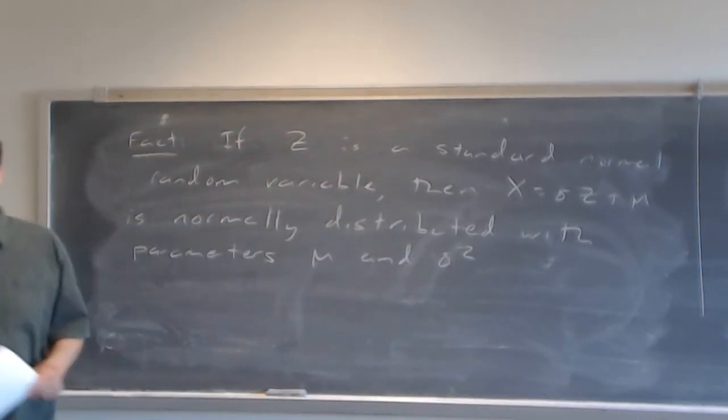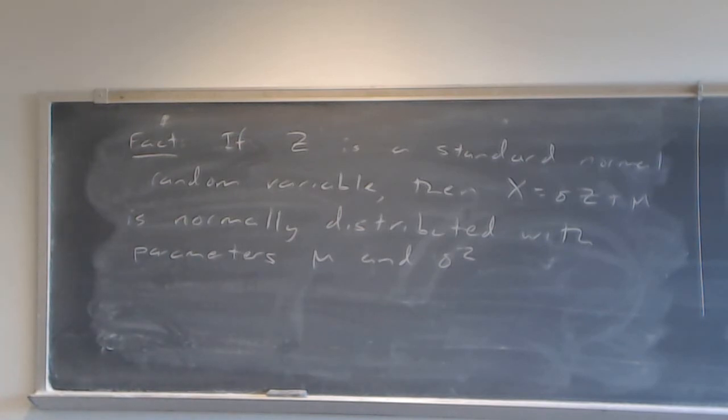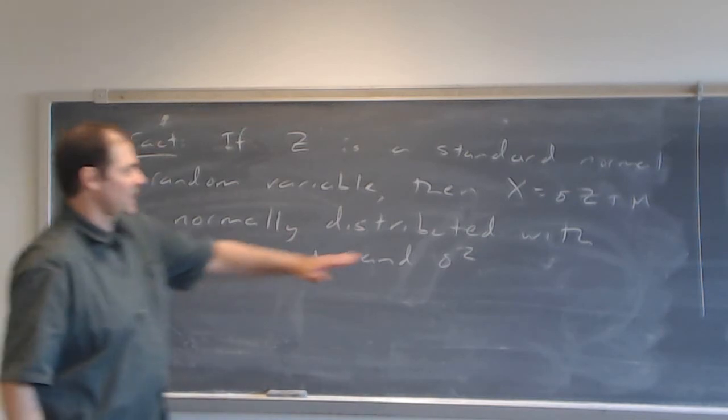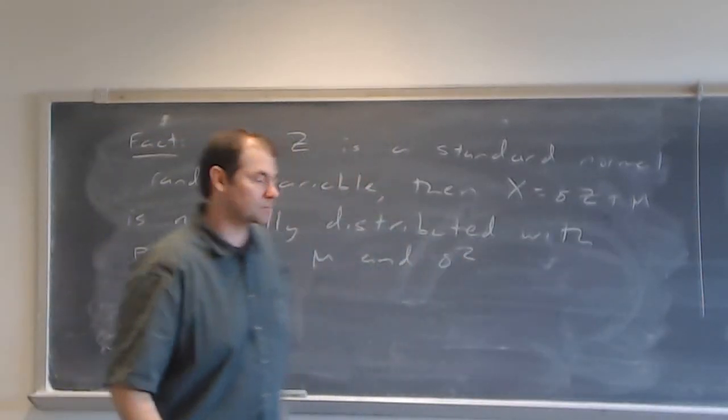So you can create a generic normally distributed random variable through the standard normal, through this type of algebraic combination.